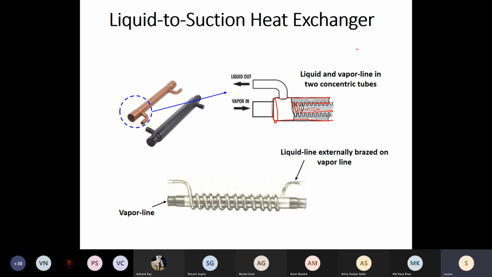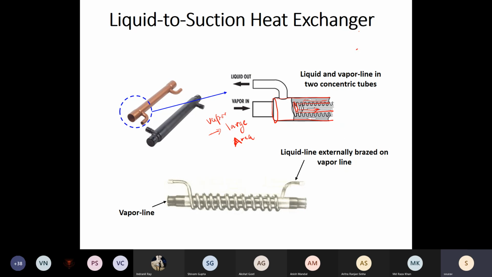So one fluid goes through this, the other fluid goes through the annular space in a counterflow manner. As I have told, the vapor flow will occur through the larger area, and the liquid flow will happen through the smaller area.